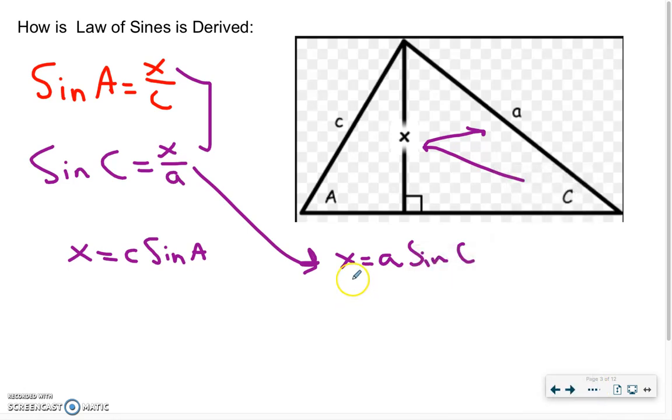So if things are going to be equal, we have x and x, so we just set them equal to each other.